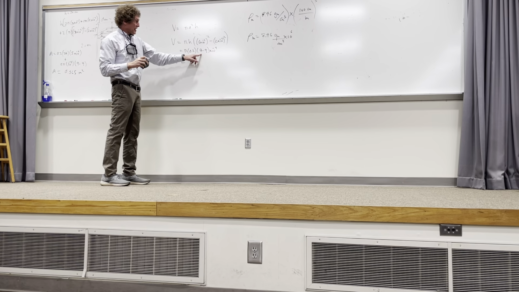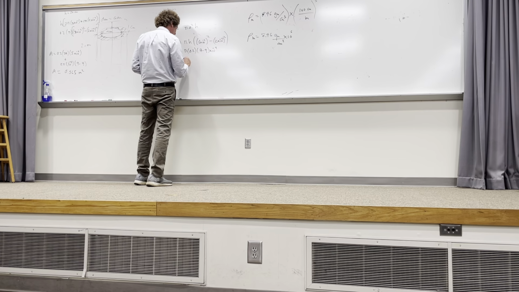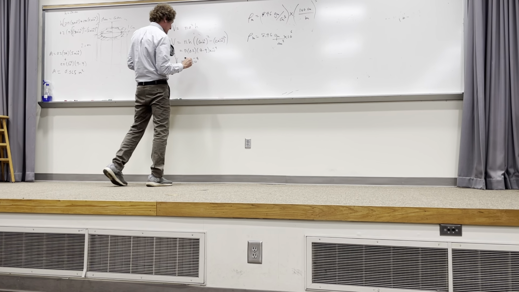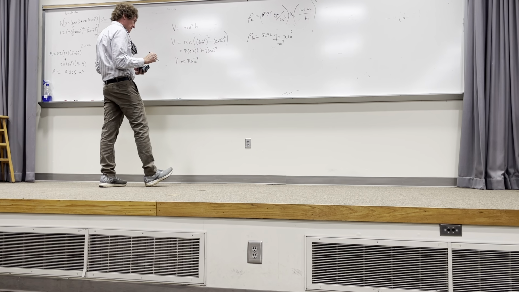So I got 5 times 0.2, it's going to be 1, which is nice, so this is pi times 10 to the minus 4, right? That's going to be the volume in meter cubed.